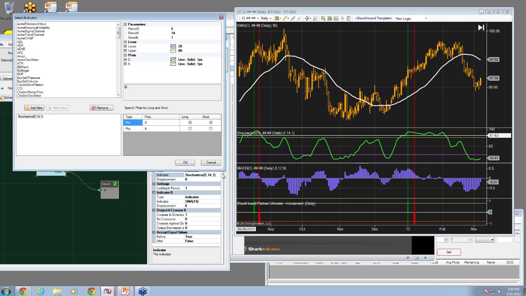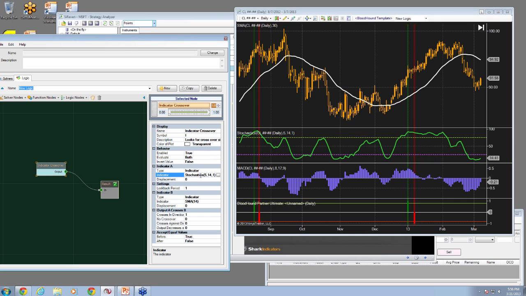Sorry, one second, let's take a look. Is that a D or K? Oh, okay, so we're on D. Of course. Okay, so I'll plug in the indicator there.